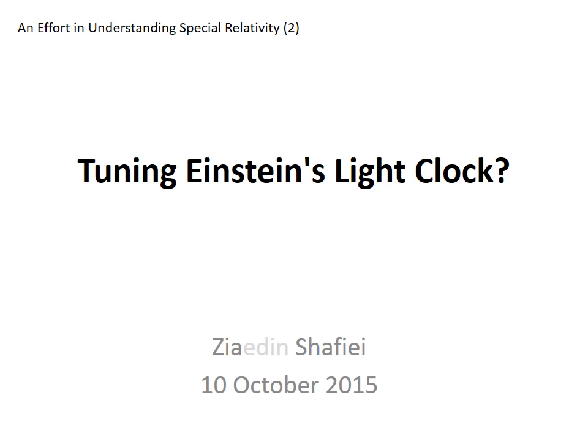In this talk, I concentrate on light clock itself, trying to analyze its working characteristics and how to read it. There are some repetition from part 2 which I bring here again for the completeness of this talk.